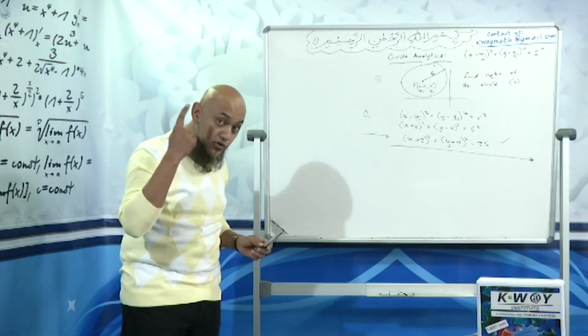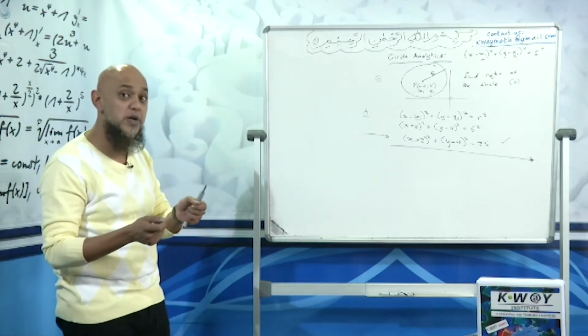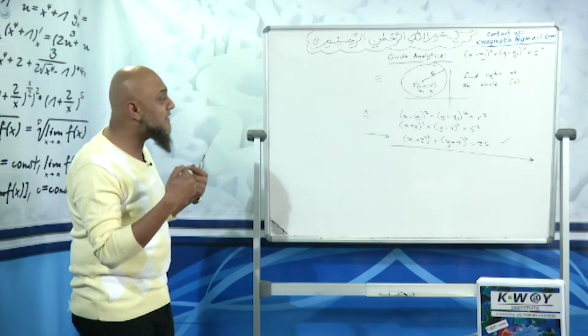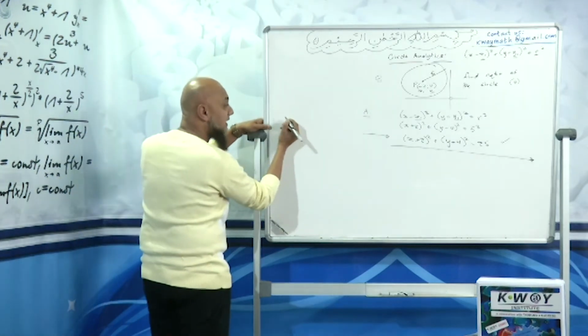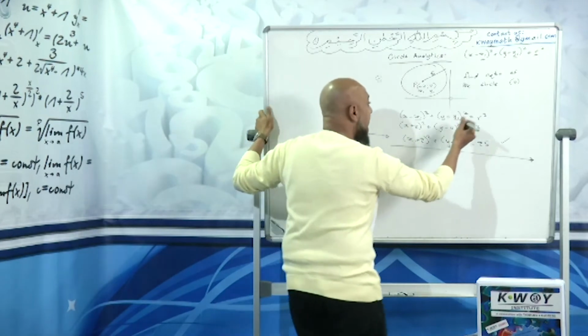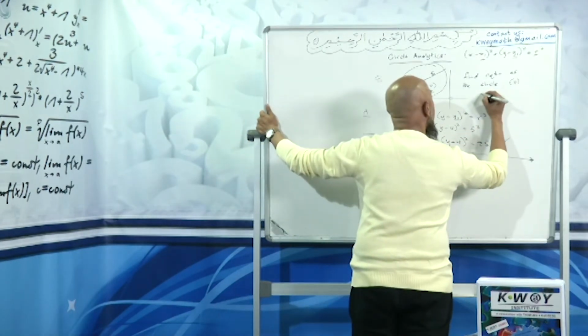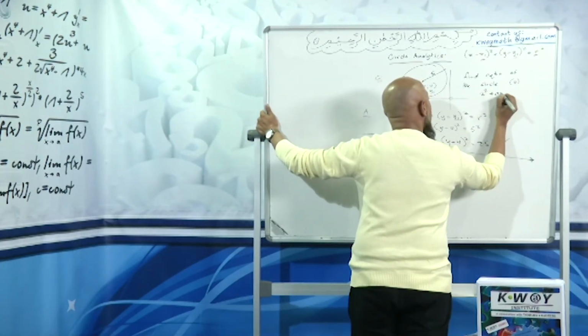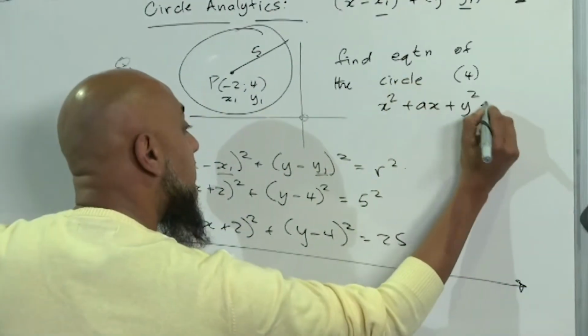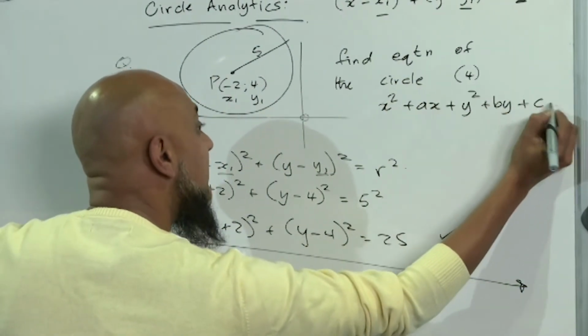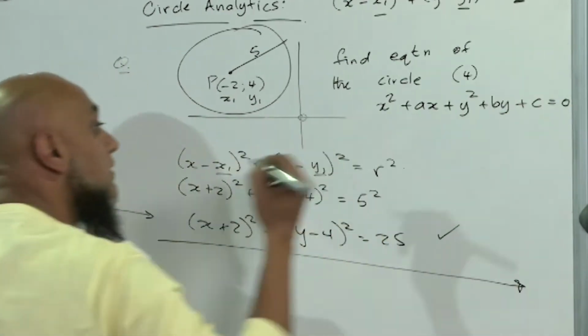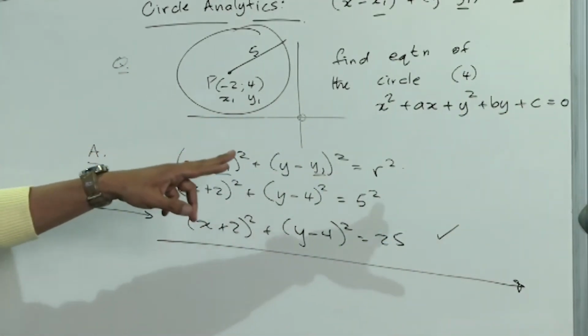Sometimes, grade 12s, as you've been working through your past papers, you know that they might tell you to give it in the form x squared, and they say, find the equation of the circle and give it in the form x squared plus ax plus y squared plus by plus c is equal to 0. Now they want you to give it in that form.